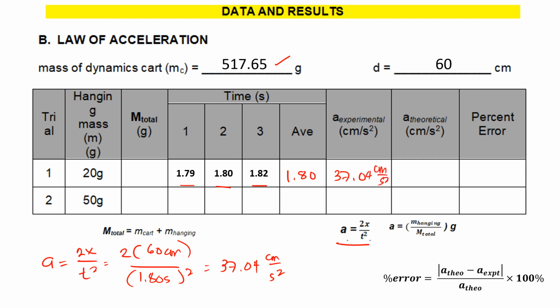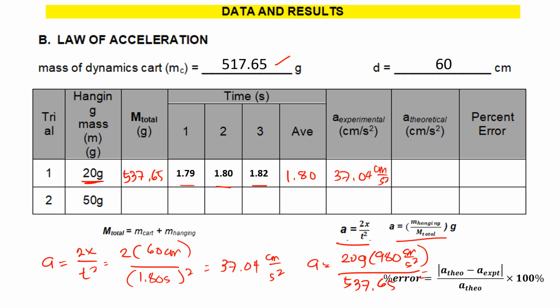Now let's compute the theoretical value. Again, the formula is this one. Acceleration is equal to the hanging mass, 20 grams, multiplied by 980 centimeters per second squared, divided by the total mass. What is the total mass? 20 grams plus 517.65, so this is 537.65.